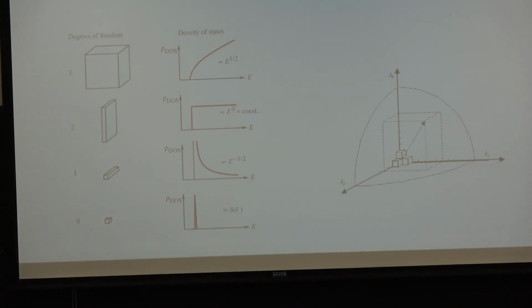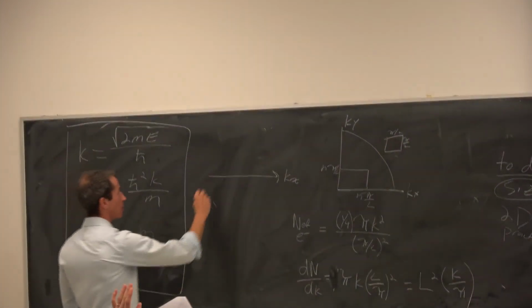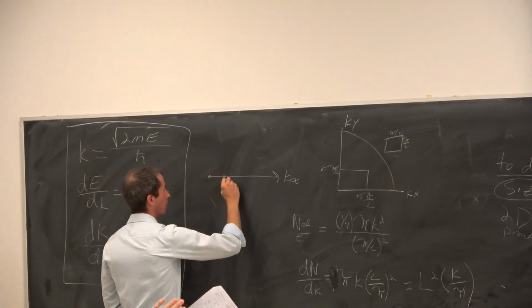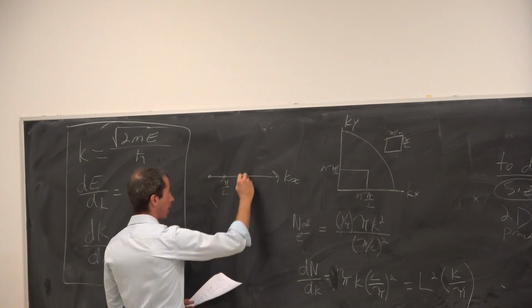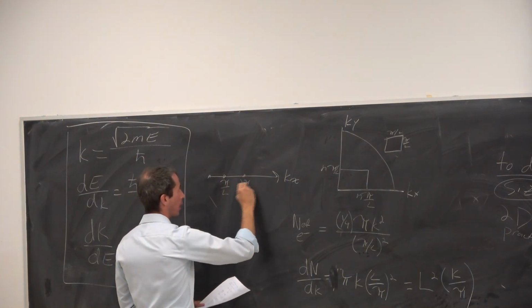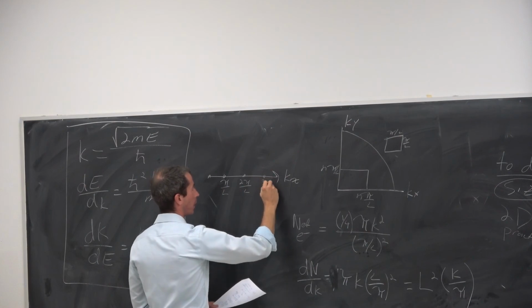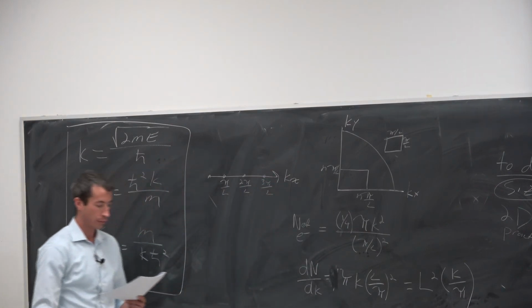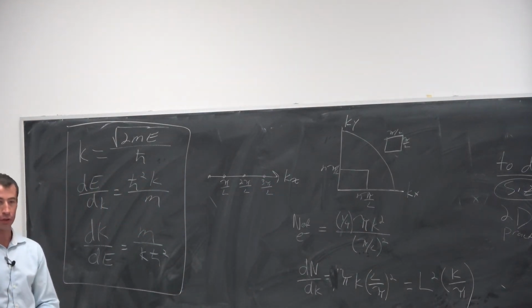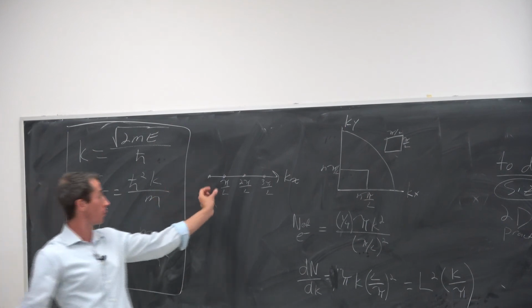You would just look at kx, so you would have pi over L, 2 pi over L, 3 pi over L. Then you would do your total length over one state.